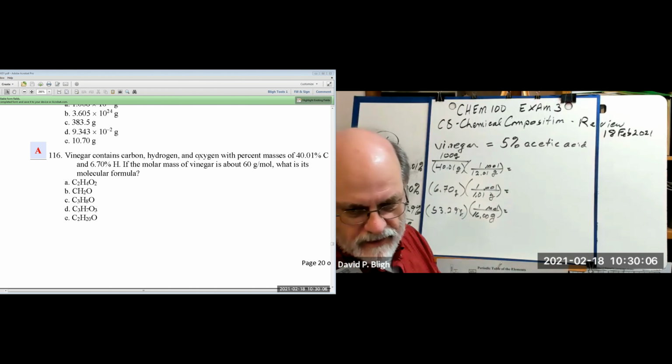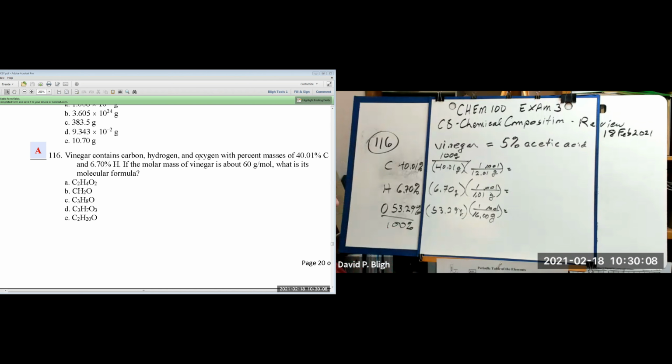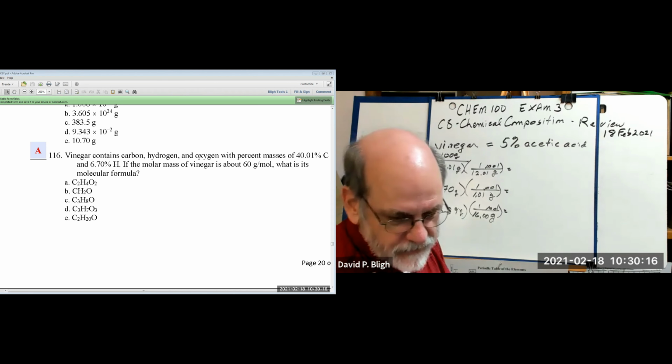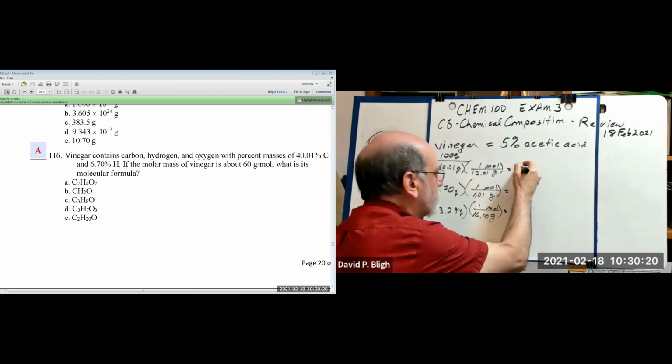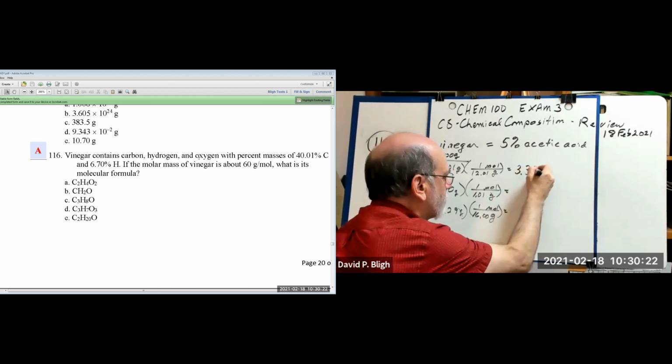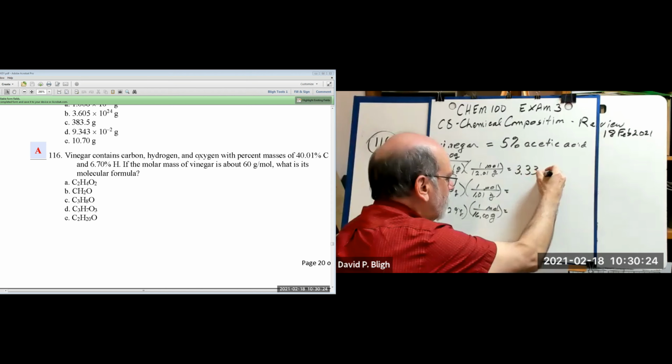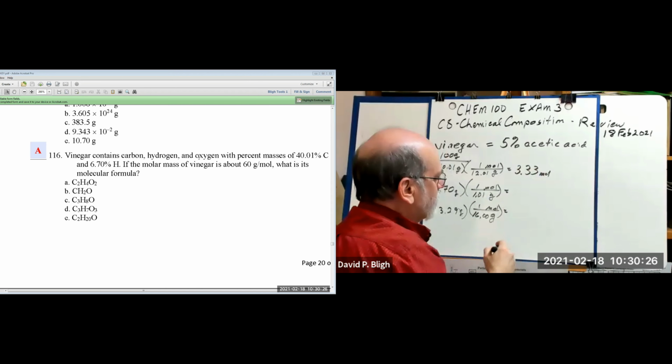So that's a little bit of thinking. Now we're going to do a little calculating. 12.01 is 3.33 moles of carbon. Okay?